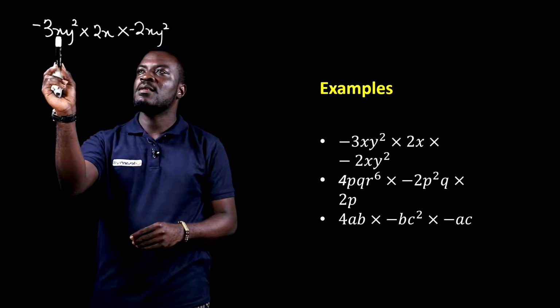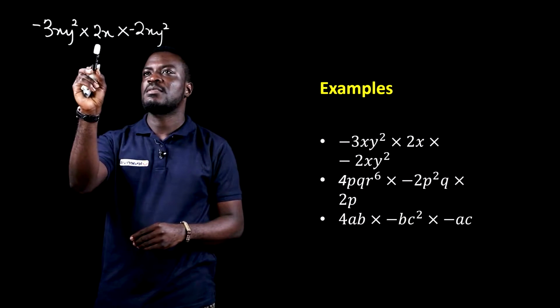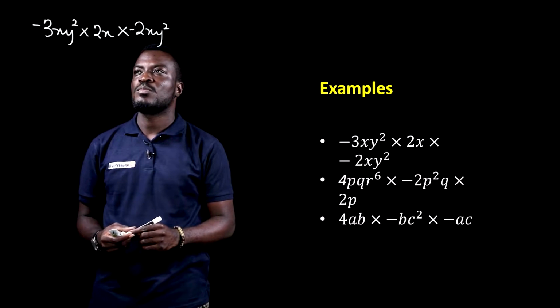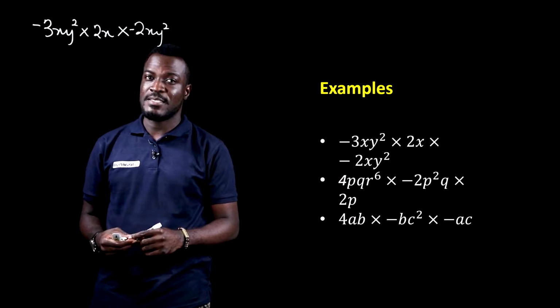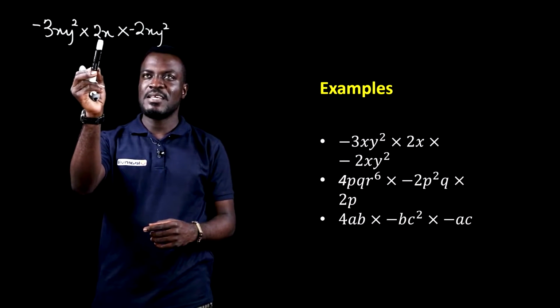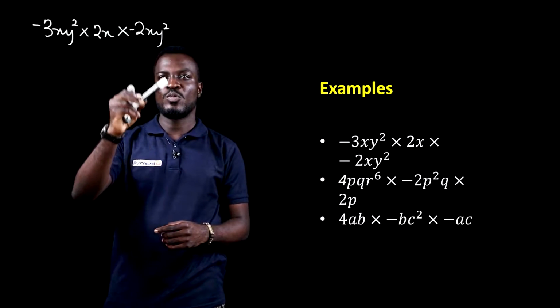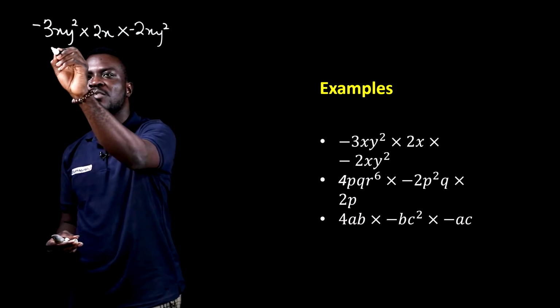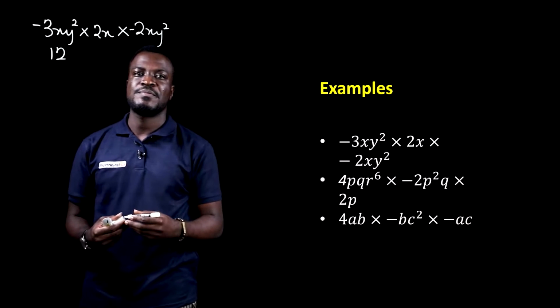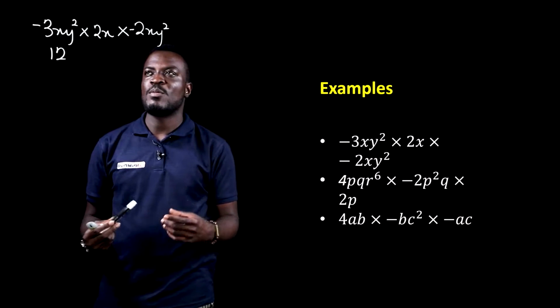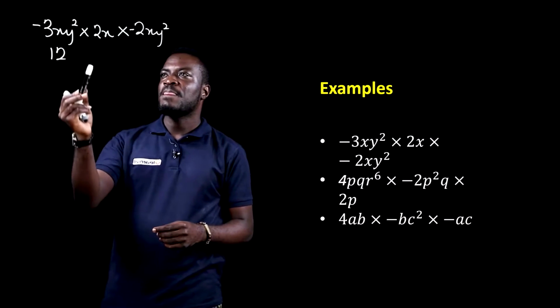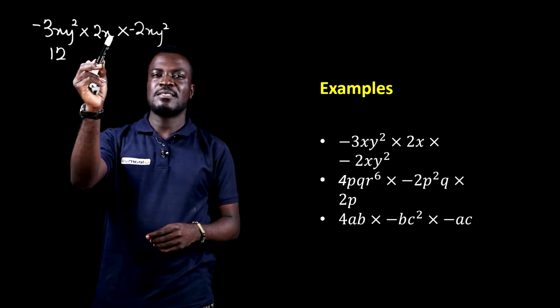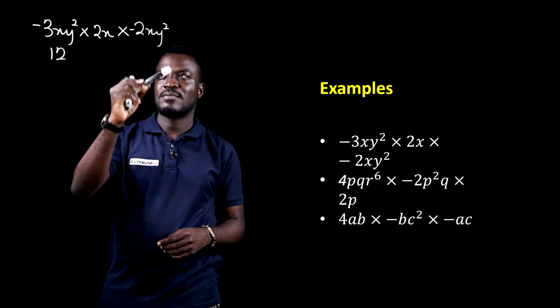Now, negative 3 times 2 is going to give us negative 6. Negative 6 times negative 2 is going to give us positive 12. Now, let's come to the variables. This is x, this is x, this is x.